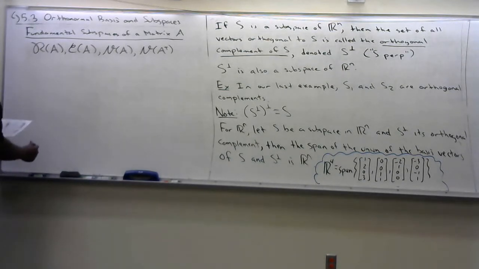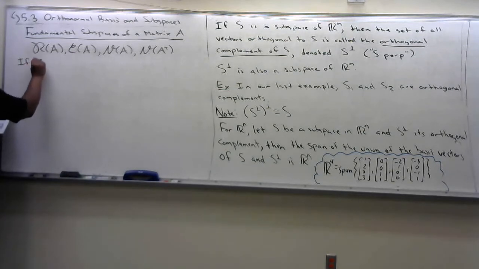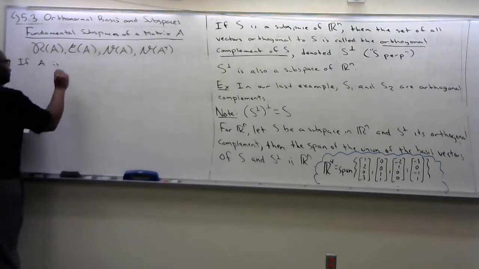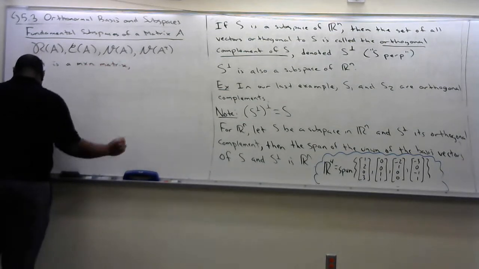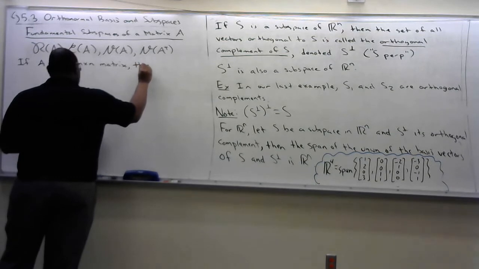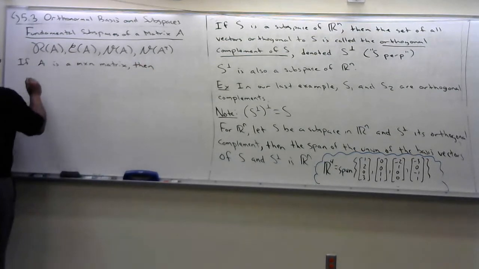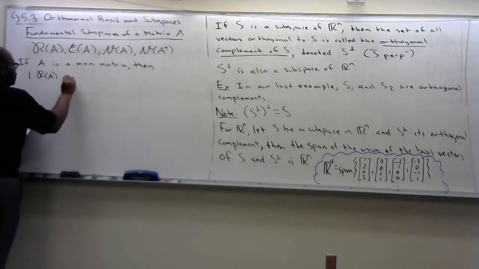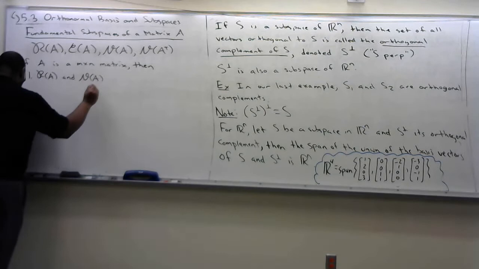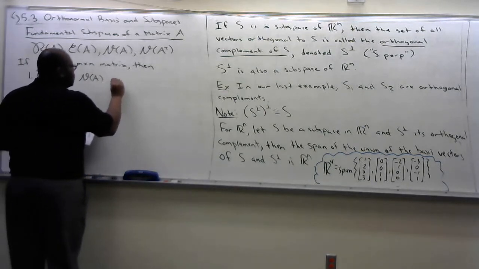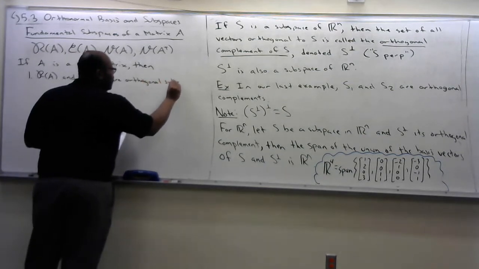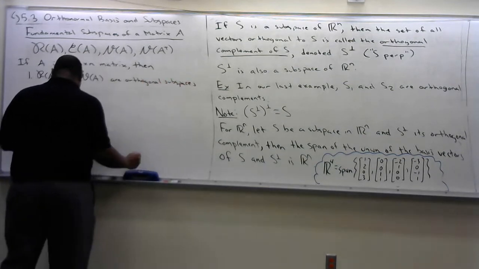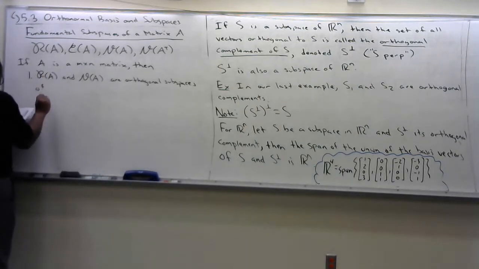So if A is an m by n matrix, then 1, the row space of A and the null space of A are orthogonal subspaces, and they're actually orthogonal complements of Rn.